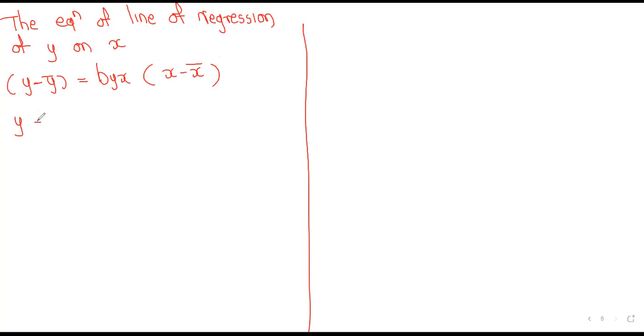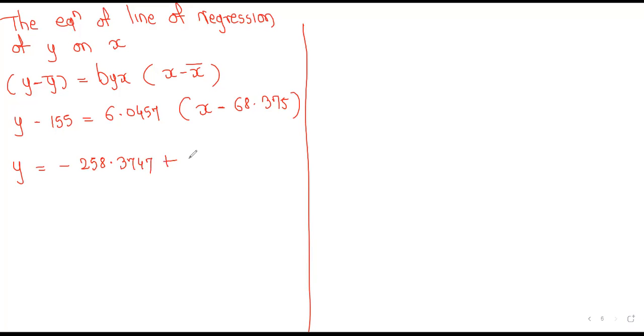Now y bar is 155, byx is 6.0457, into x minus x bar, 68.375. So after simplification, we get y is equal to minus 258.3747 plus 6.0457x. Okay, this is the line of regression of y on x.